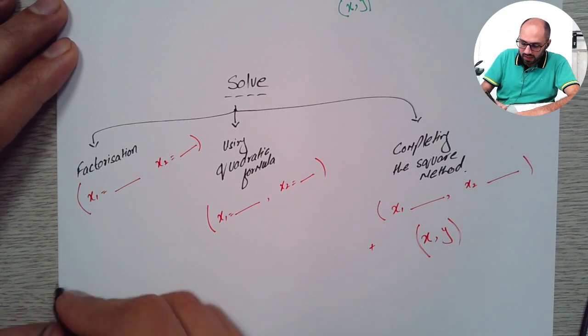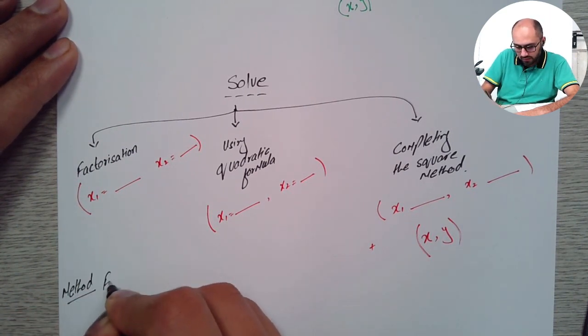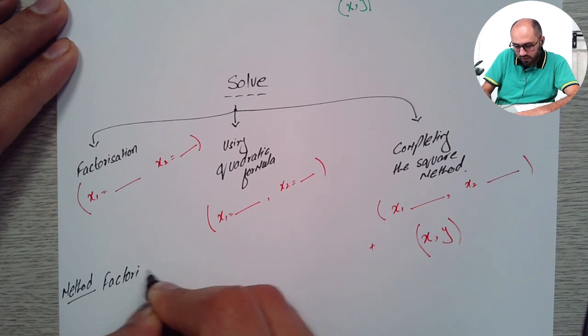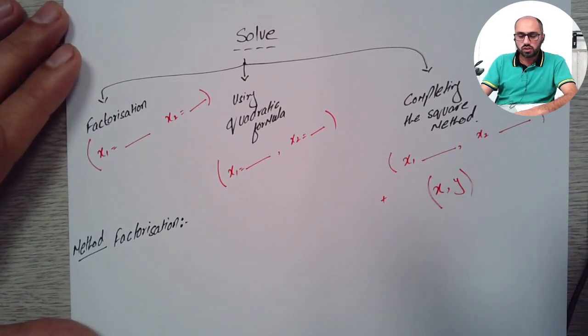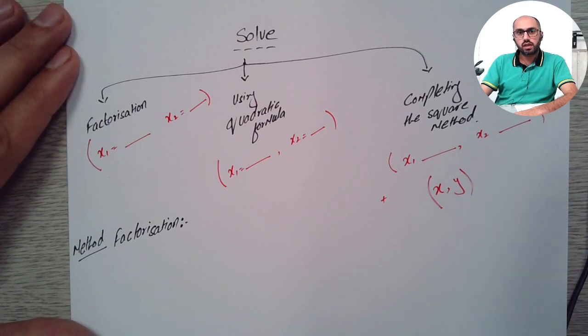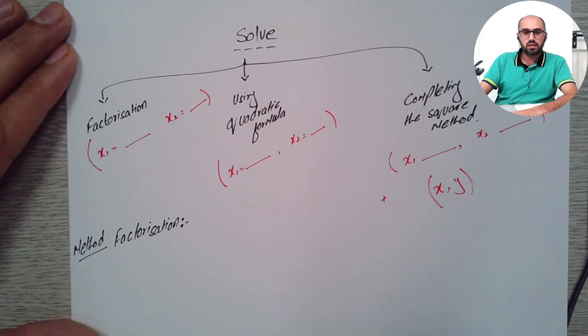So let's consider method 1, which is factorization. To make the process easy and understandable, I will use one quadratic equation and I will solve that one quadratic equation using all three methods.